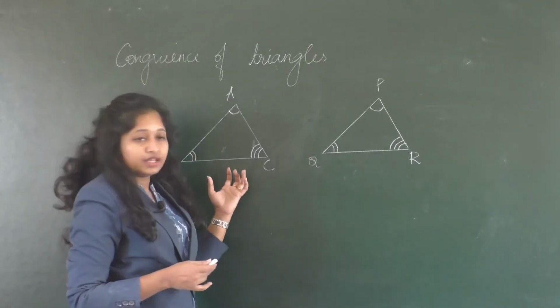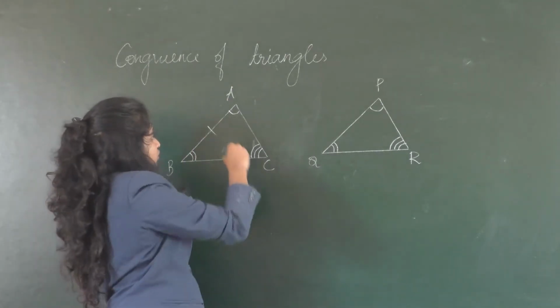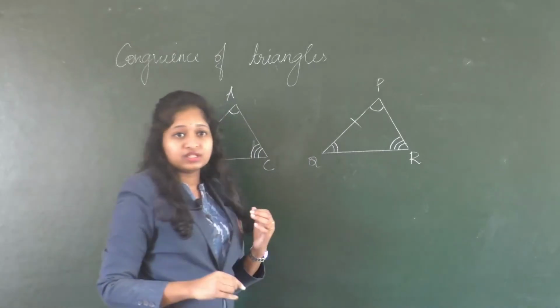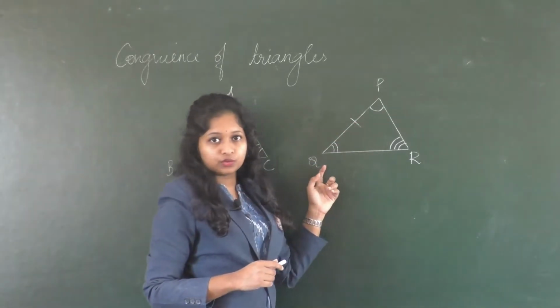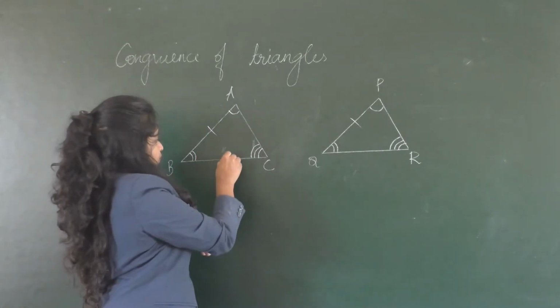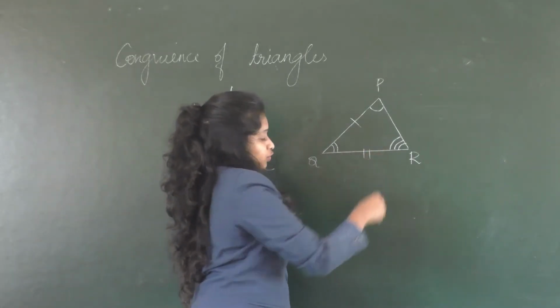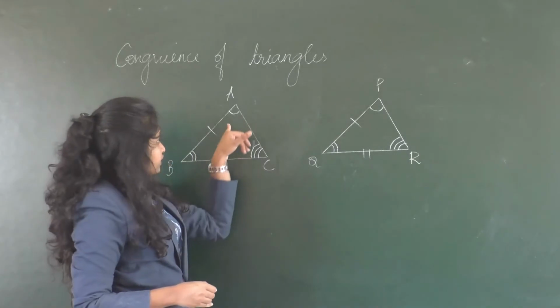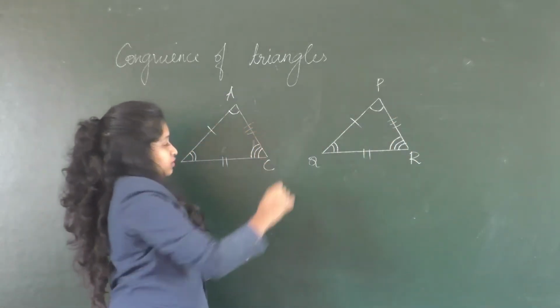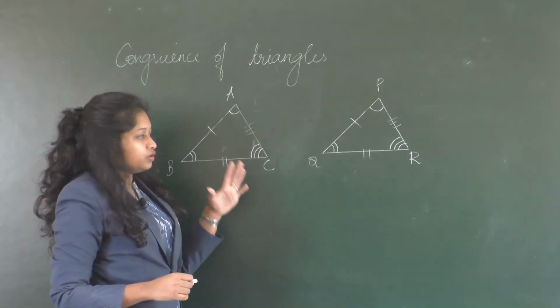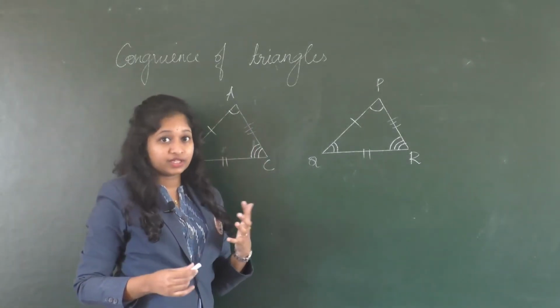And if we give the same sides, that is, if AB is equal to PQ and if BC is equal to QR and if AC is equal to PR. Okay, if all these conditions come true, what are the conditions?